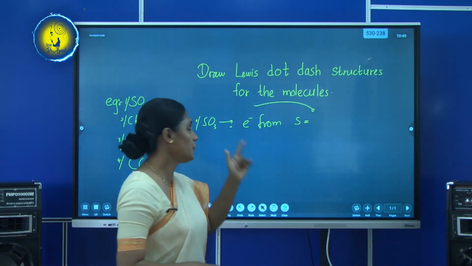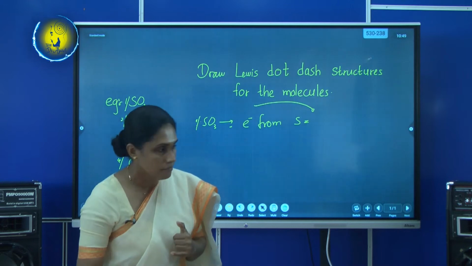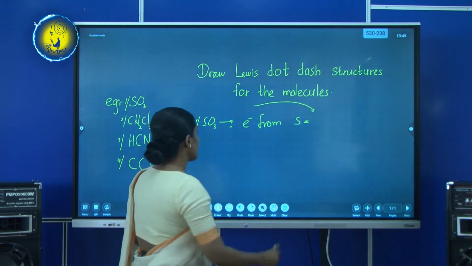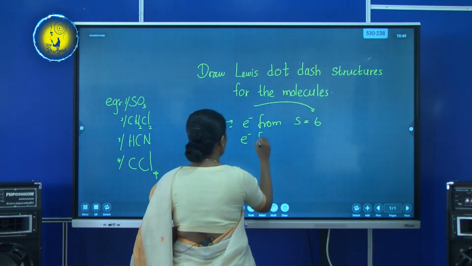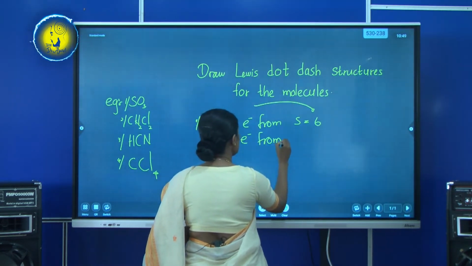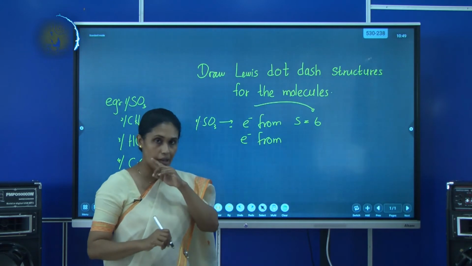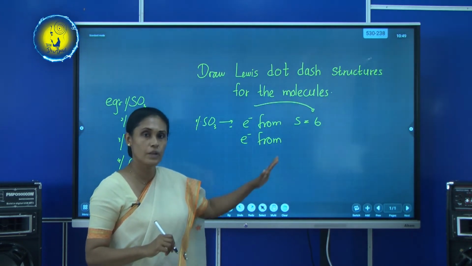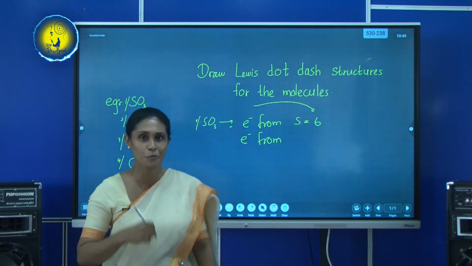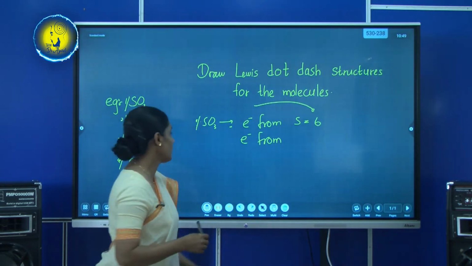So in sulfur you have 6 outermost electrons. Then let's talk about oxygen. You don't want to write this for the exam, right? As a beginner you are writing this only to help you understand, so don't waste your time writing these things. You have more things to do than this.